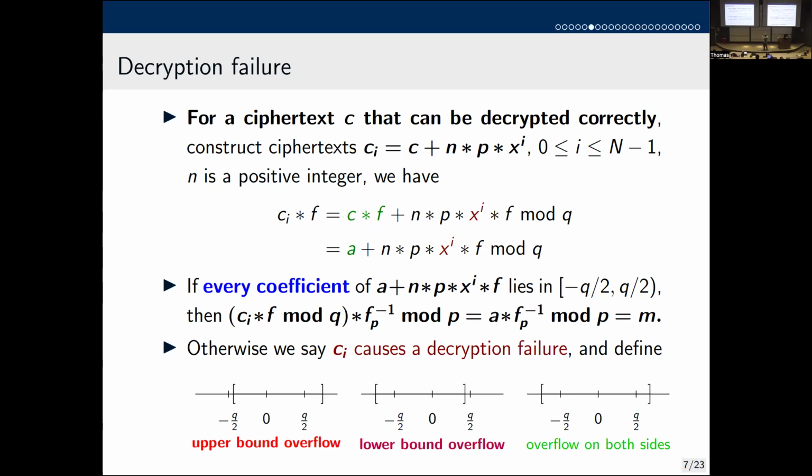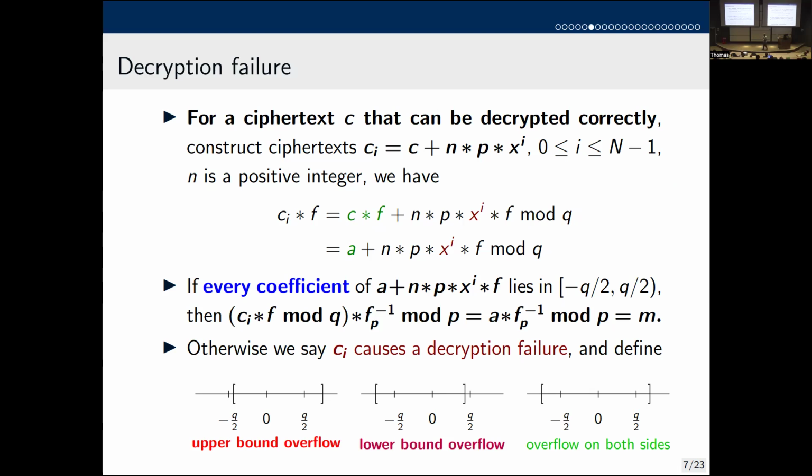You notice that in F, all of the coefficients are either 1, -1, or 0. And then you multiply by P. Xi is not important; you just shift everything. So the middle product used for decryption will be added by this element.